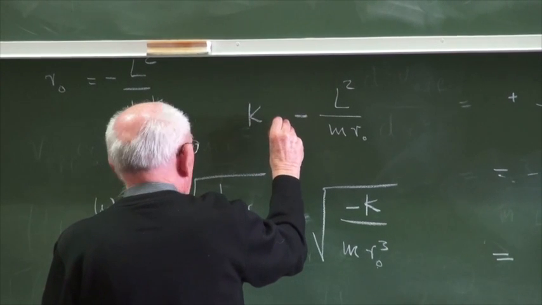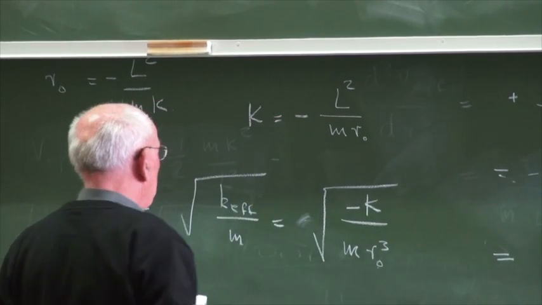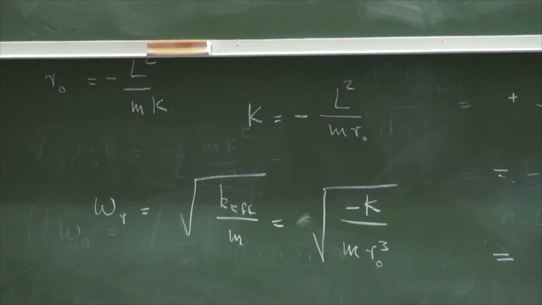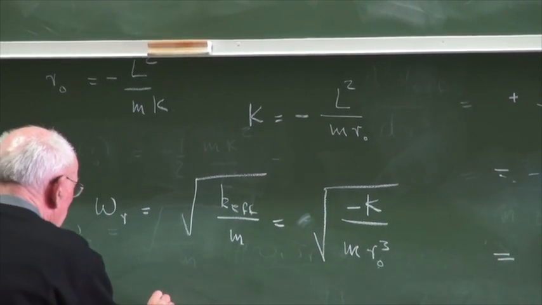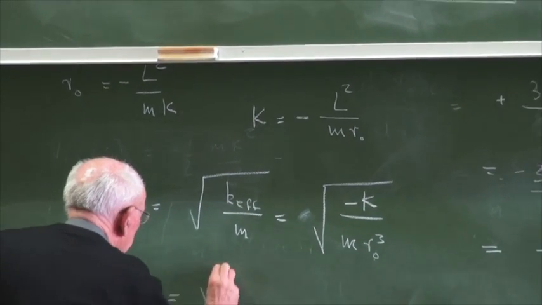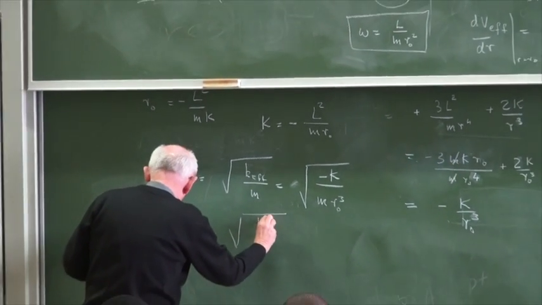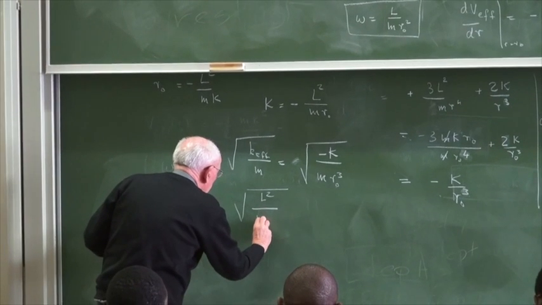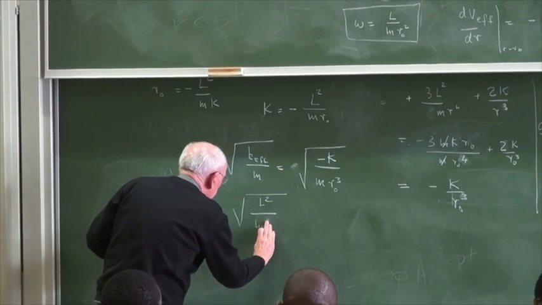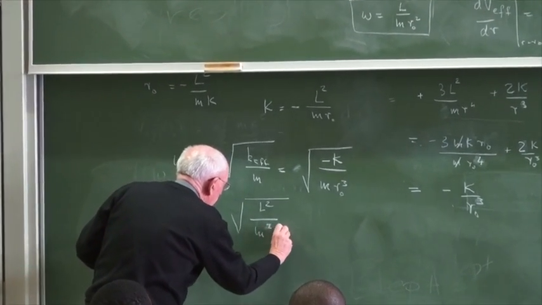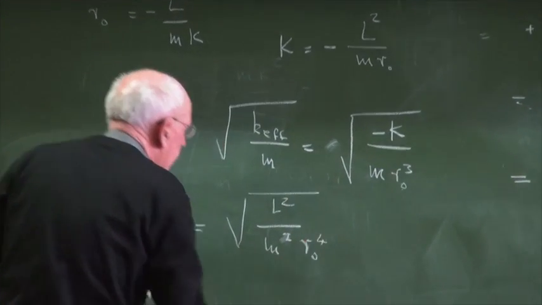This is a function which we have. And so I get here, that is equal to L squared over m squared R0 to the fourth.